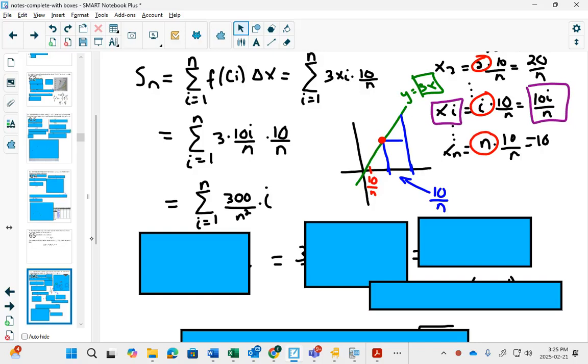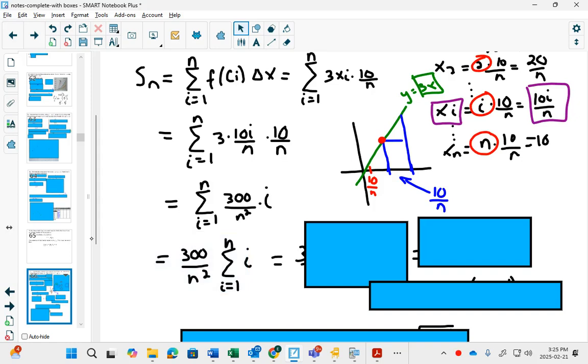The n on the bottom is going to be an n squared, and we have an i. The 300 over n squared is a number. Assuming n is some number you went up to, 300 over n squared is a number. You can bring that out in front. And we end up with, beautifully, the sum from i equals 1 to n of just i.